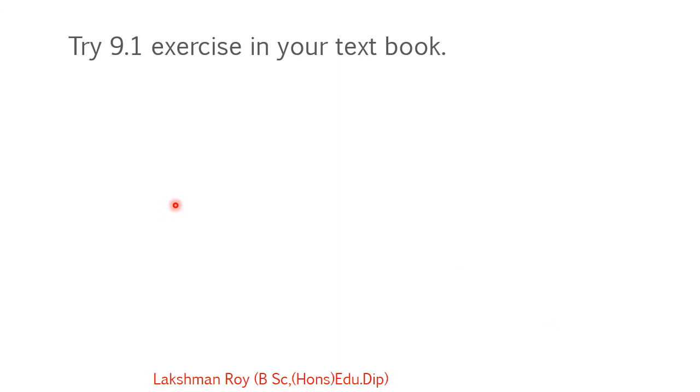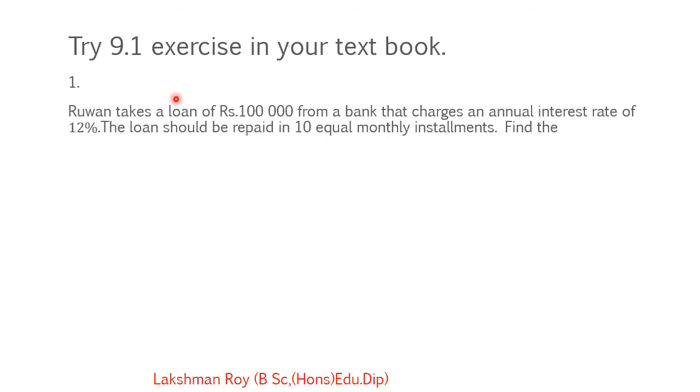Now students, you can follow the exercises in your textbook, that is 9.1, and try to follow those, and I'll also give another exercise here. Here is one example. I want to take a loan of 100,000 rupees from a bank that charges an annual interest rate of 12%. The loan should be repaid in 10 equal monthly installments.